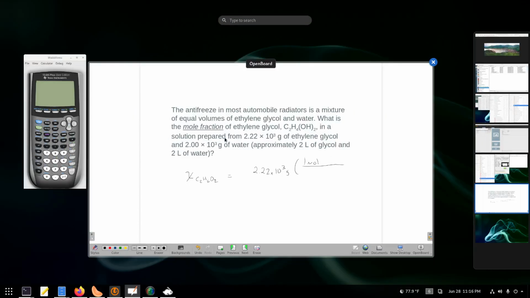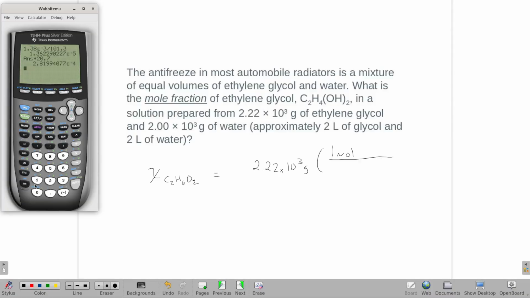So ethylene glycol, let's see, 12.01 times 2 for my 2 carbons. I have 6 hydrogens, so plus that, and I have 2 oxygens.